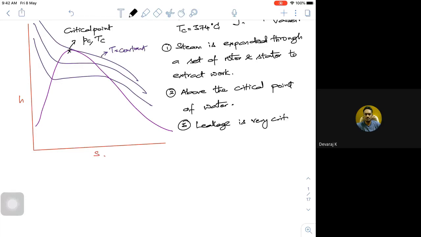So because of operating with this high pressure and high temperature steam, and also because I have large mass flow rates, that is, large quantities of steam involved, the majority of the turbines we use are axial type steam turbines.